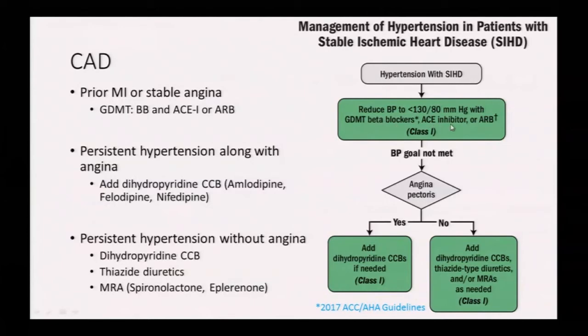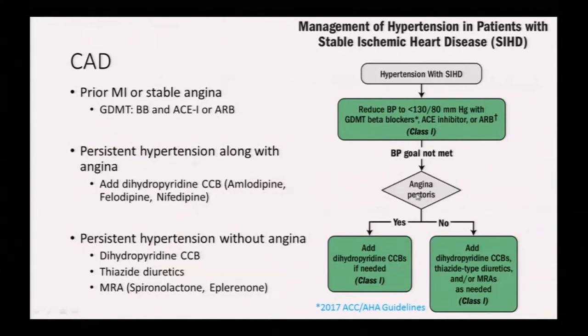Once you have your patients on beta blockers and ACE inhibitors or ARBs, then the second question is, if their blood pressure is controlled and they're doing fine, then you're good. If their blood pressure is still high, then you ask another question, do they have angina or no? If they do have angina, then your third agent after the beta blocker and ACE inhibitor should be a dihydropyridine calcium channel blocker, which would be amlodipine or felodipine or nifedipine.